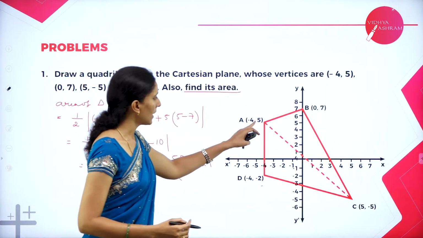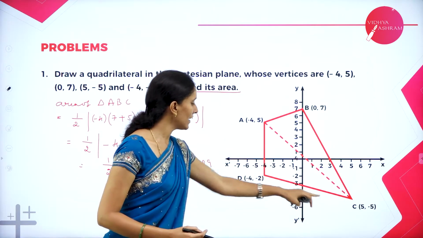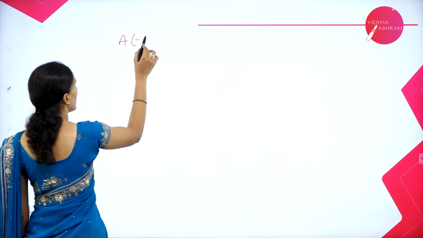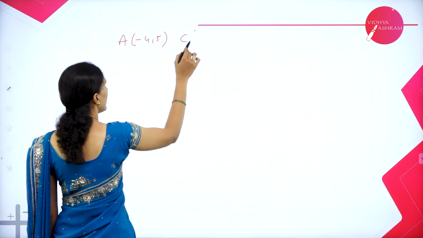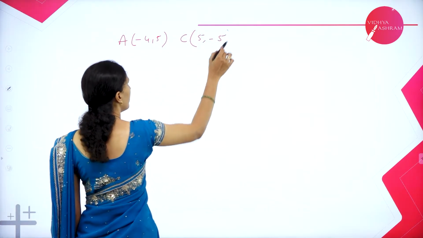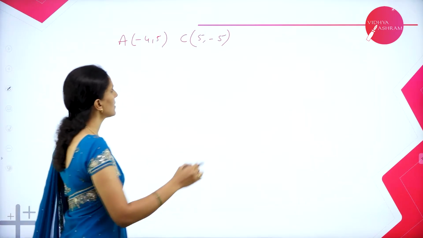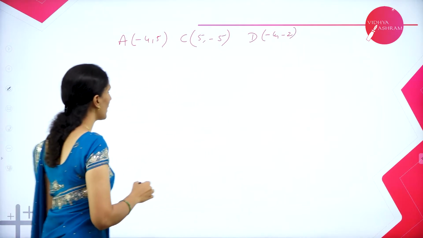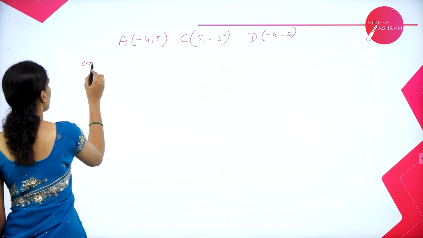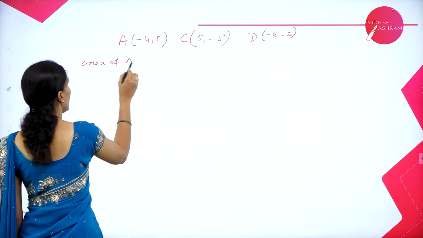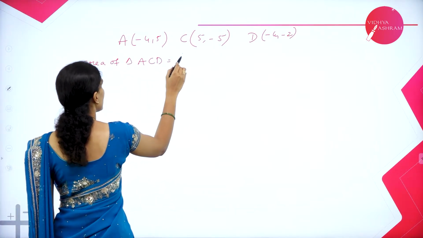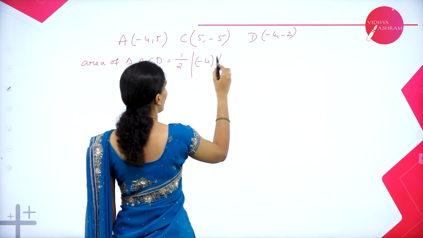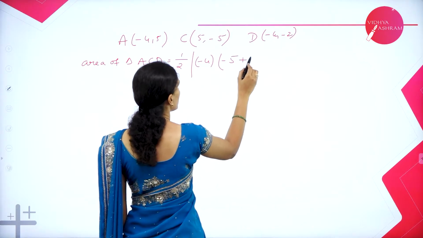Now let us calculate the area of triangle ACD. So let us write the coordinates. Your A is (minus 4, 5), C is (5, minus 5) and D is (minus 4, minus 2). Let us apply the formula now. Area of triangle ACD is half into modulus of x1 into y2 minus y3, that is minus 5 plus 2.